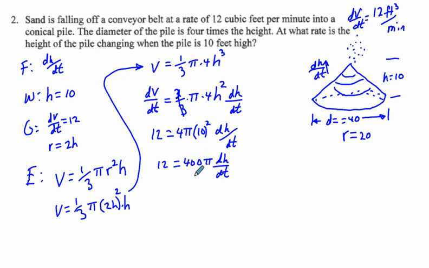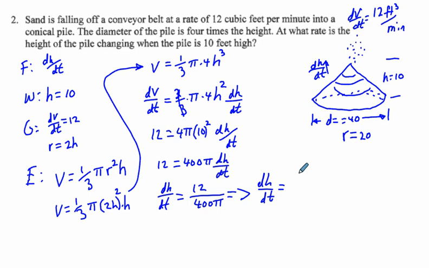And dividing by 400 pi, we have dH/dt is equal to 12 divided by 400 pi, and 12 over 400 pi simplifies to, we divide the numerator and denominator, each of them, by 4.